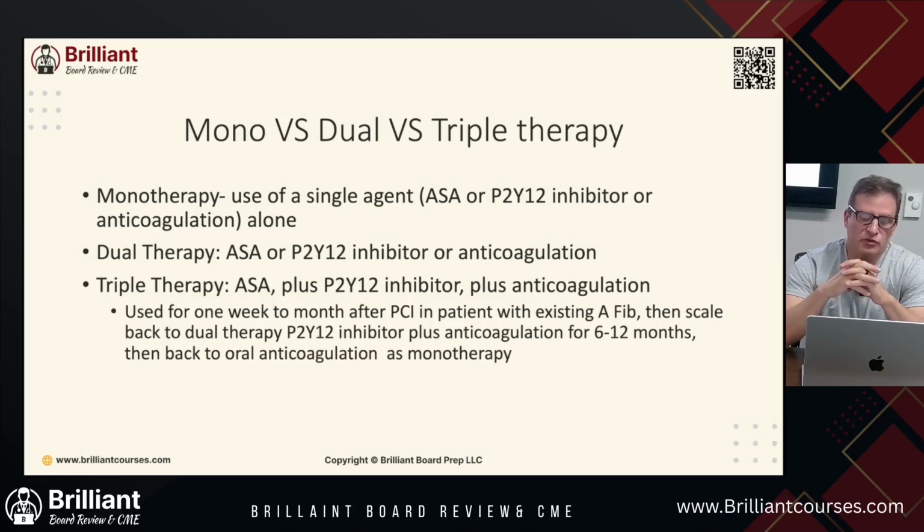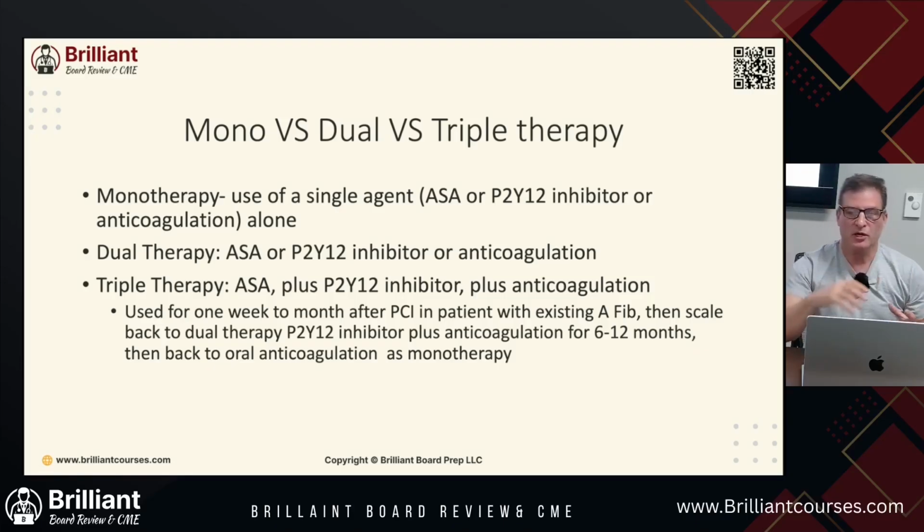It is used for 1 week to 1 month after a PCI in a patient who has atrial fibrillation. So they have atrial fibrillation, plus they've had stents placed. Then it needs to scale back to dual therapy, and this can be a challenge: when do we do this? It's probably going to be the P2Y12 inhibitor plus anticoagulation for 6 to 12 months, then back to oral anticoagulation as monotherapy.